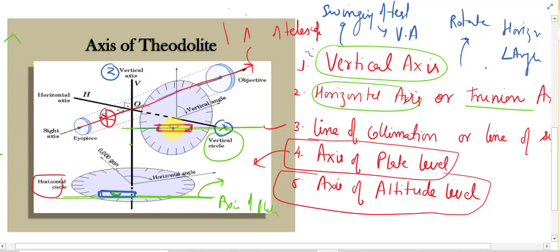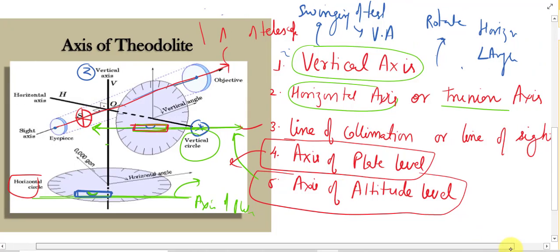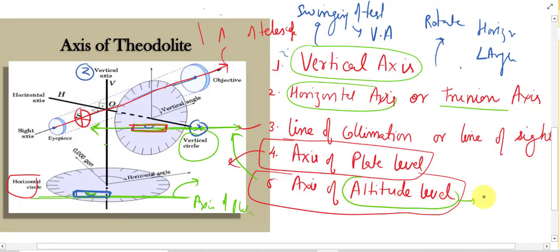This tangent gives a line in the form of a ray. This is known as the axis of altitude level. In simple words, for altitude level, your bubble tube must be on the vertical circle, and for plate level, your bubble tube must be on your horizontal surface. So this is a very simple difference between these two axes, which are number 4 and number 5.